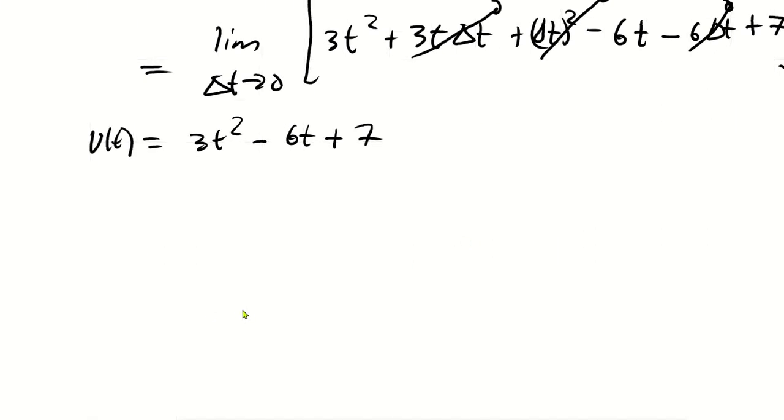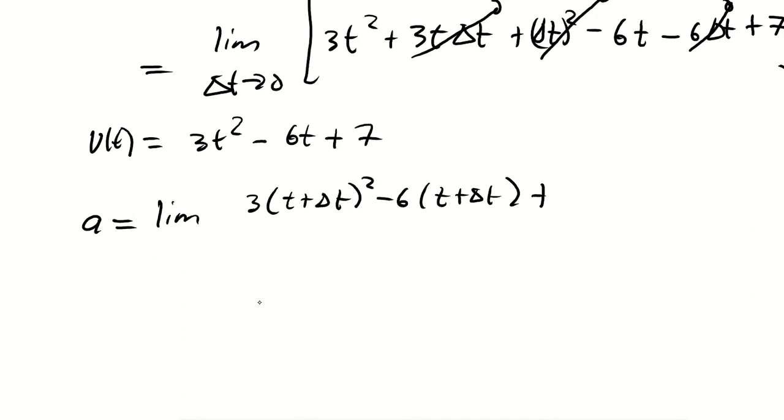Acceleration at t equals 3. So a equals the limit of v of t plus delta t. So I'll just directly put it here. So 3 times t plus delta t squared minus 6 times t plus delta t plus 7.